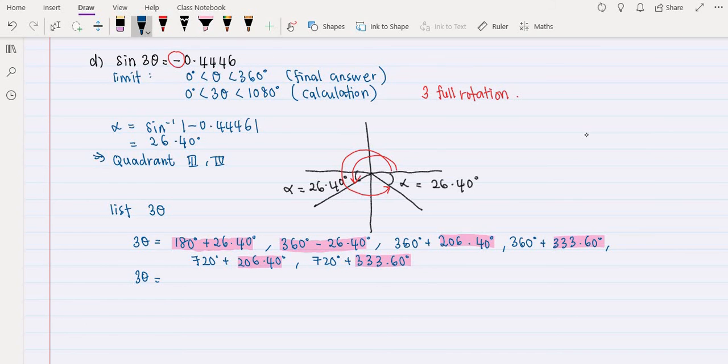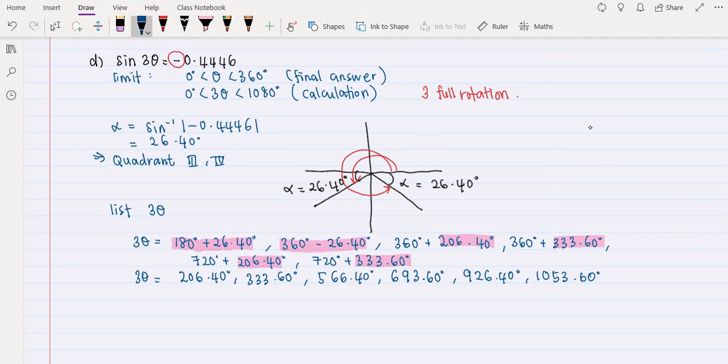So 3 theta will actually equal to 206.40 degrees, 333.60 degrees, and then we will have 566.40 degrees, and then we will have 693.60 degrees, and the last two will be 926.40 degrees as well as 1053.60 degrees.